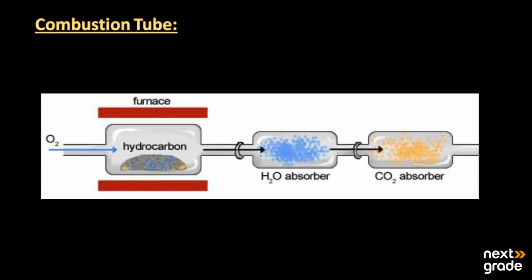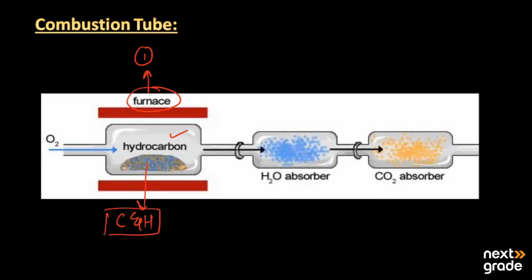Here we have the combustion tube. In the combustion tube, the first part is the furnace. In this first part, we keep the hydrocarbons, which are compounds containing carbon and hydrogen.